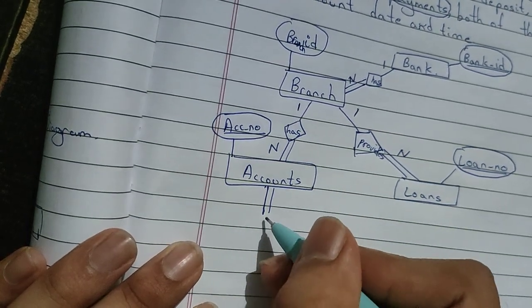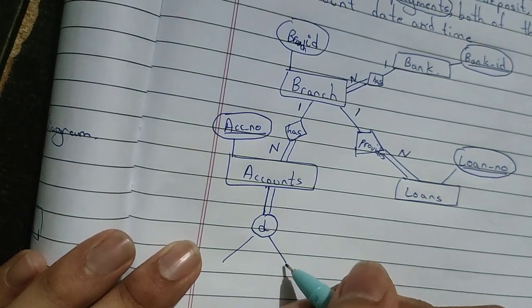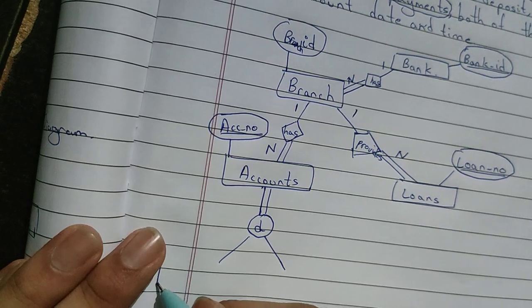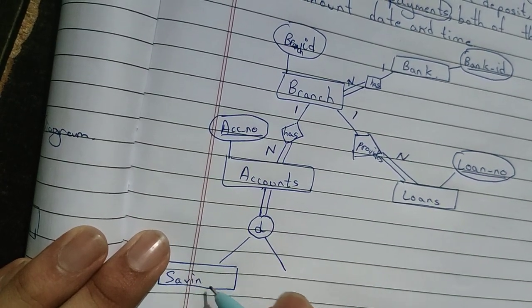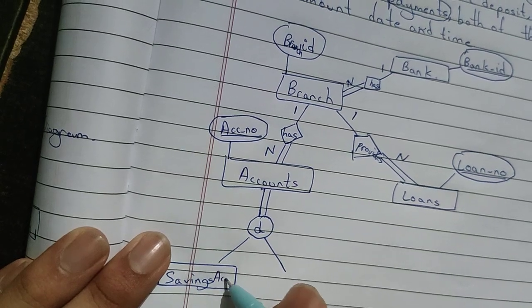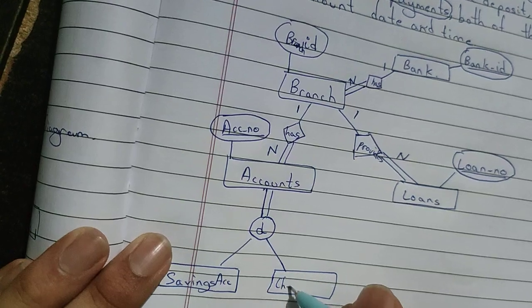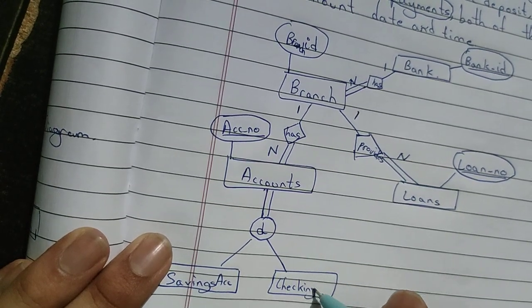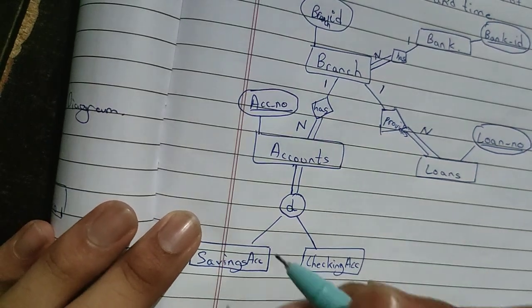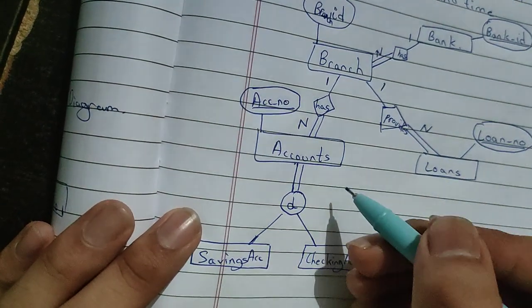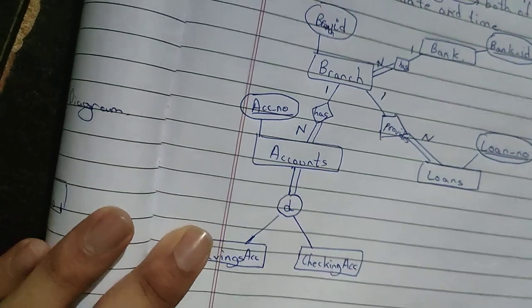So an account can be a disjoint thing of a savings account and a checking account. I just wrote account in short, but actually you're supposed to write the entire thing, but even this will do, okay? So yeah, there are two types of accounts, savings account and checking account.